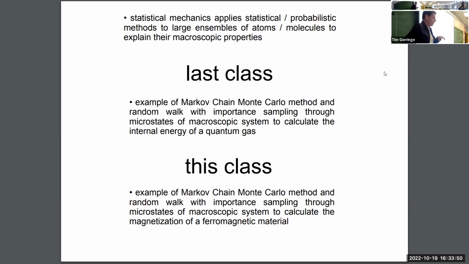And in this class, I want to look at the problem of figuring the magnetization and magnetic energy of a ferromagnetic solid, a magnetic solid, again using Monte Carlo methods. So that's basically the plan.